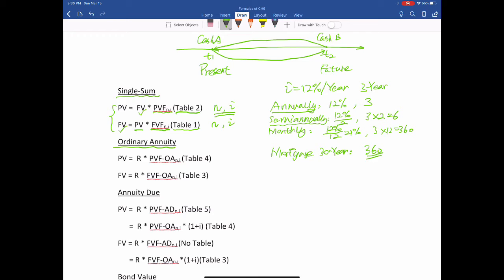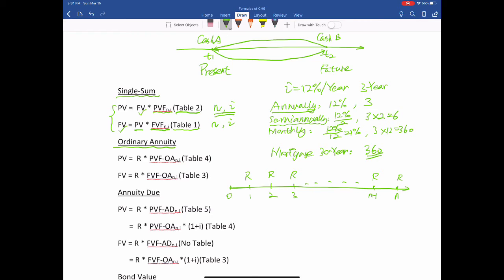For an ordinary annuity, it is just like this. For example, there are n periods. An ordinary annuity is where there will be a rent at the end of each period.